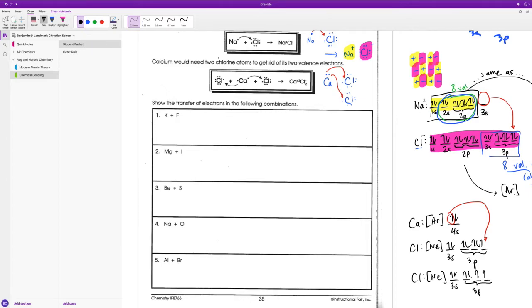So there's another neutral chlorine atom, but it's ready to take that second electron from calcium. And so now those electrons have been lost. They end up here and here. Calcium is now 2+. This is chloride and chloride.